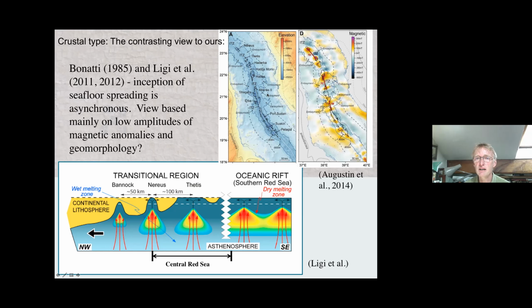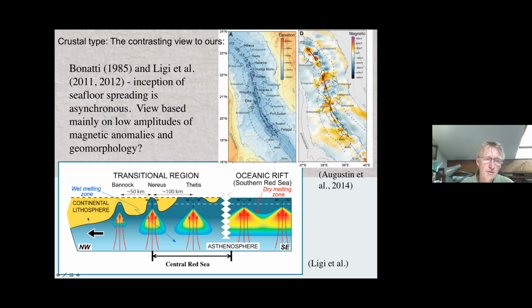The problem occurs outside, where we can't see what forms the basement, where everything is actually covered in these evaporites. So Enrico and Marco's view in this cartoon, going from the north to the south, in the central Red Sea, you only have seafloor spreading in the deeps, and between the deeps, you may have continental lithosphere, continental crust, sorry.